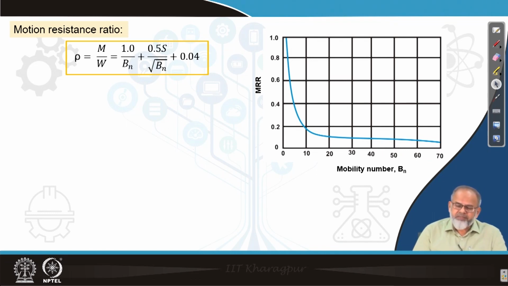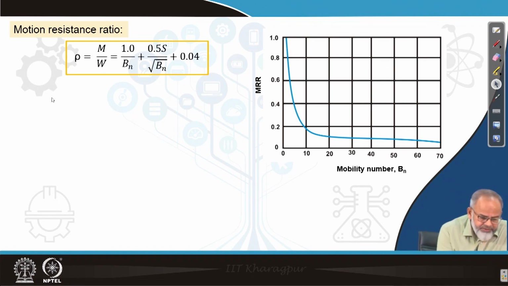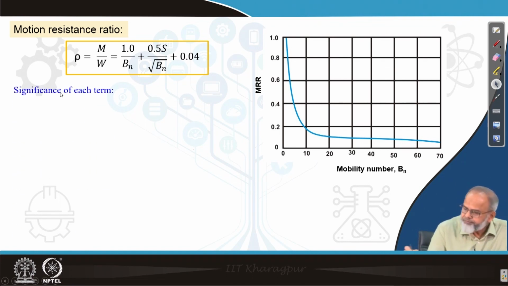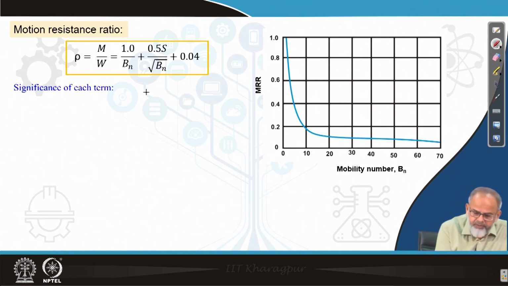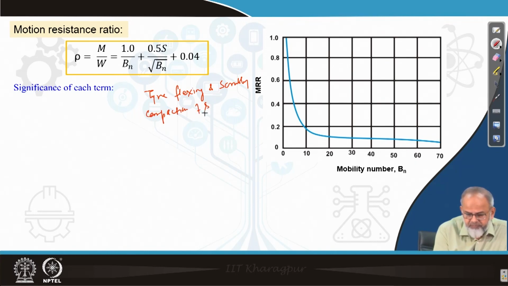The motion resistance ratio of a pneumatic wheel is because of many factors. If you like to identify those factors, the first is tire flexing and scrubbing. The second one is due to compaction of soil. The third one is due to bulldozing.